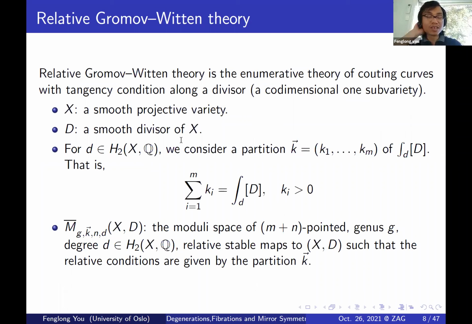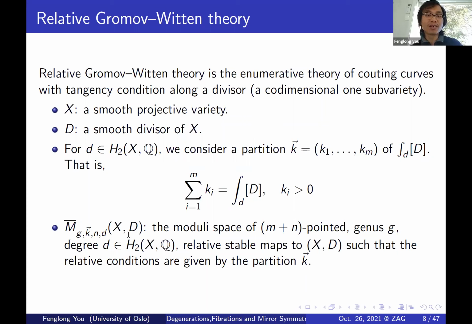And the definition of relative Gromov-Witten theory is similar to the definition of absolute Gromov-Witten theory. But here we have a variety with a divisor and with some tangency conditions encoded by these k_i here. We use this data to define a moduli space of relative stable maps.